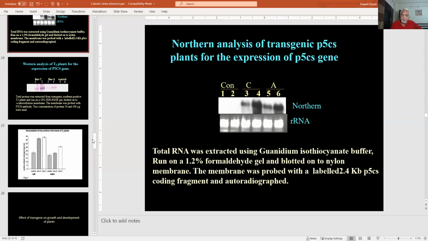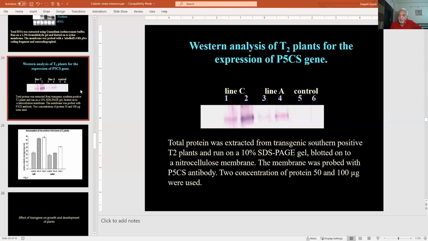Now the next point to be shown was that these RNAs are making protein. So that was checked by doing Western analysis using P5CS specific antibodies. And you can see here, two lines were checked, and this is control. You don't see any hybridization with control proteins.